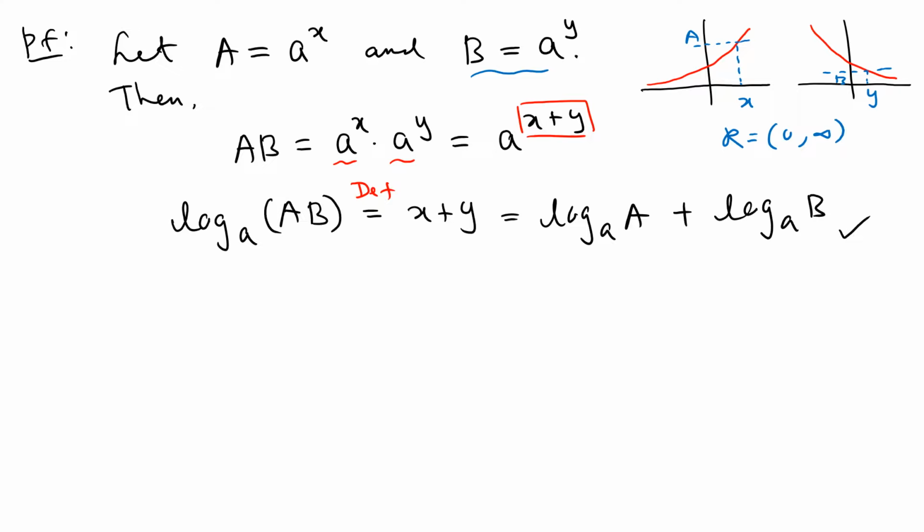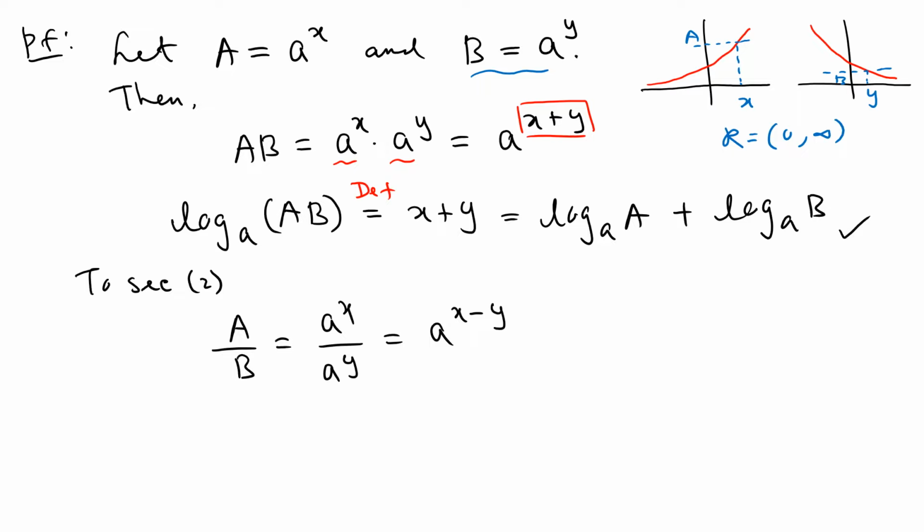Now to see the second one, we can write a over b, which is a to the x over a to the y, and this is a to the x minus y. Now we write this equation in the log form. This simply means that log base a of a over b equals the exponent, which means x minus y.